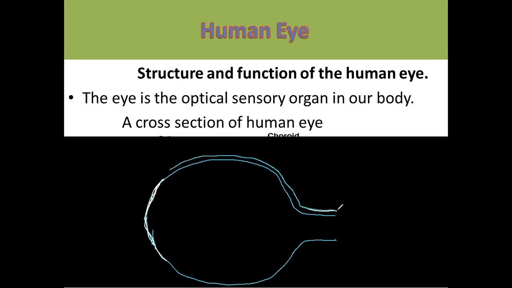Sclerotic layer. In front of it is transparent, that is cornea. Okay. First label this part. Sclerotic layer.